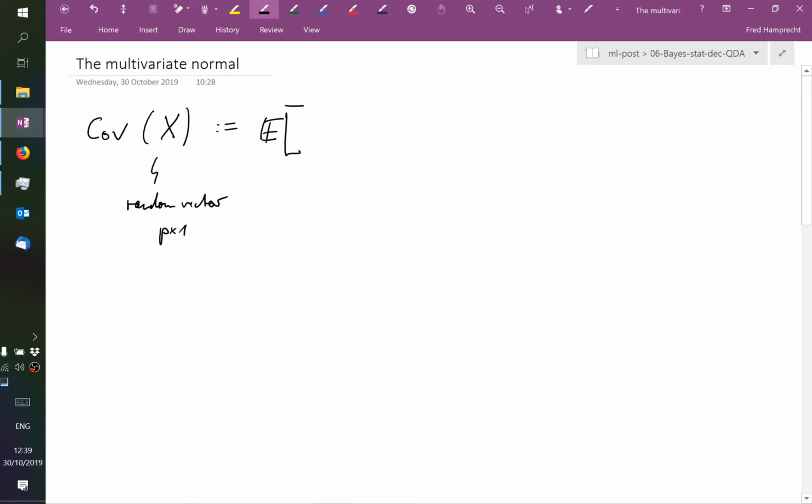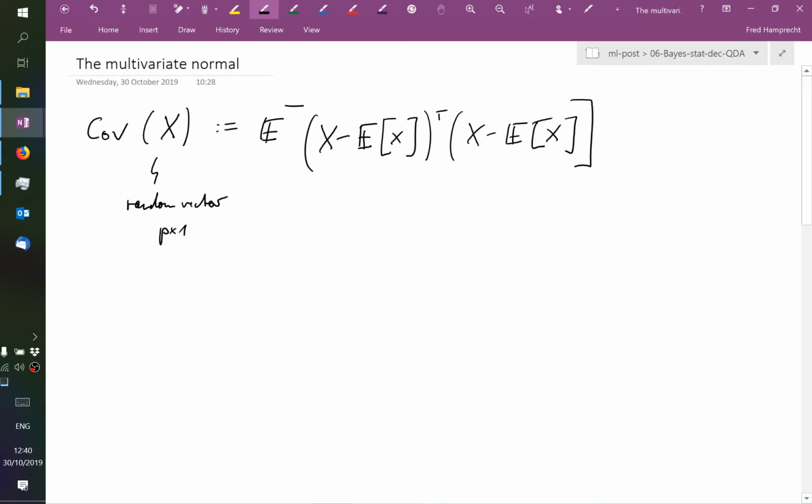And the covariance of this random vector is the expectation of x minus E of x times x minus E of x transpose. Sorry, I was wrong with the transpose; the transpose is on the second term.